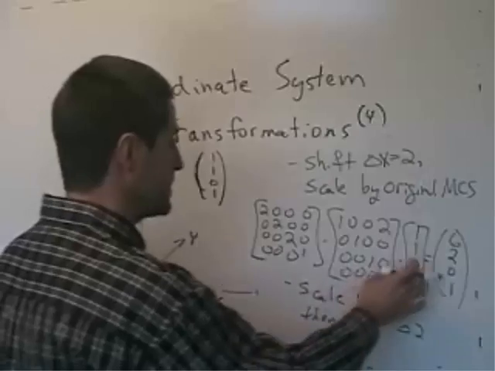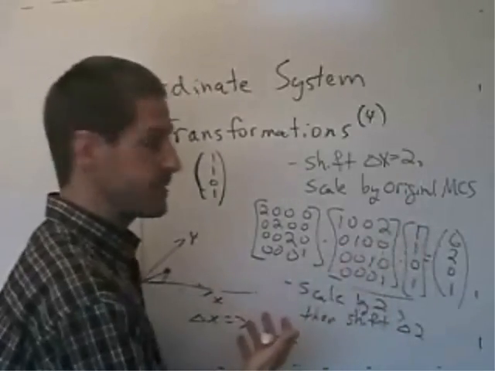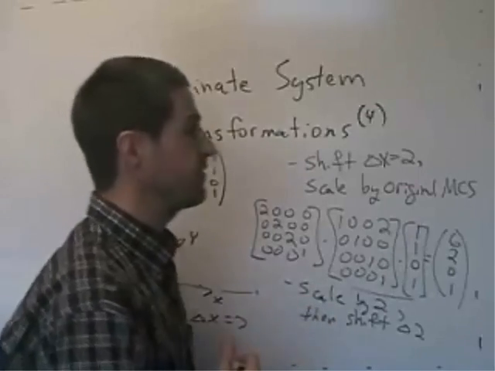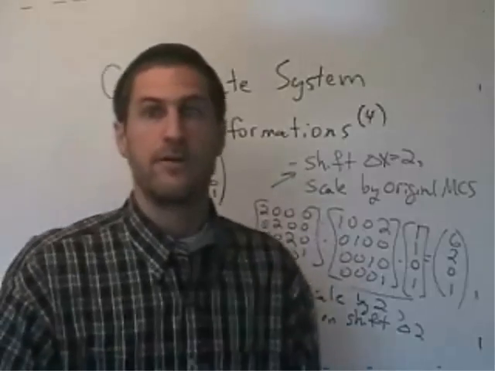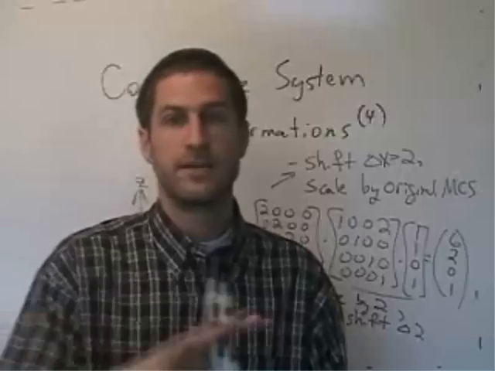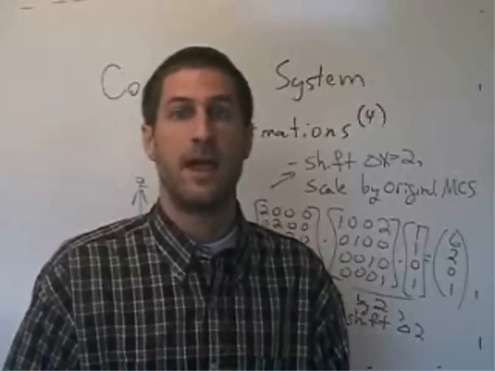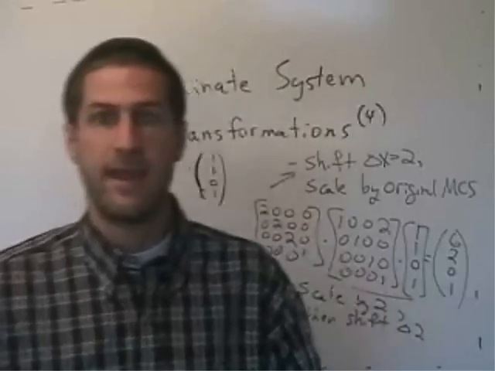So that's our element, our 1, 1, that first gets scaled up to 2, 2, and then gets shifted over to 4, 2. So the order that things happen is important, and you need to make sure you're putting them either in the forward direction or in the reverse direction in terms of multiplying those matrices. Okay? So we'll get more practice on these, and we'll see you soon.